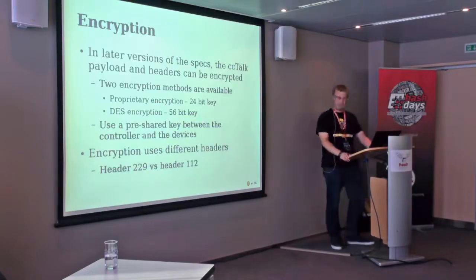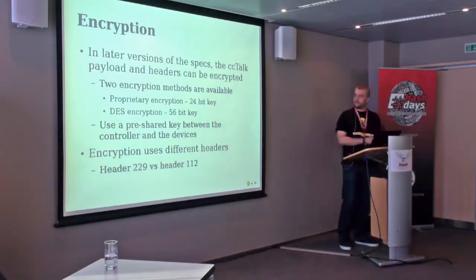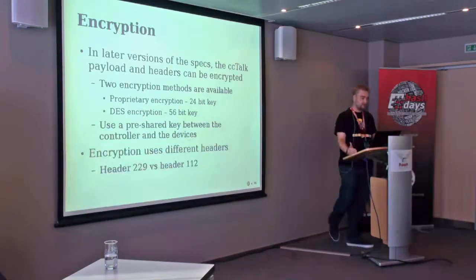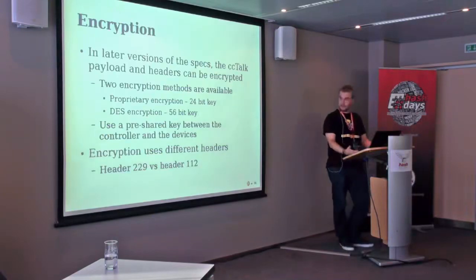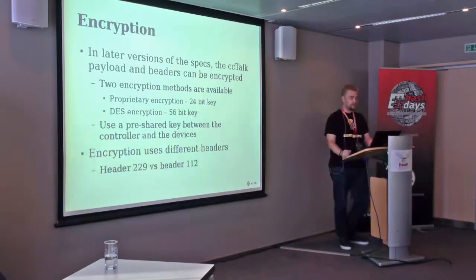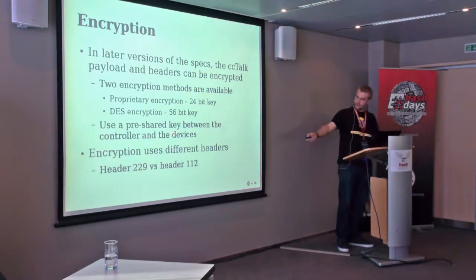All of these use a pre-shared key between the controller and the devices, and the encryption uses different headers. For example, we normally use the header 229 to request data from a coin acceptor, and the controller now must use header 112 to read encrypted events. That is encrypted with this key. The problem is that if you really want to know this value, you just have to send the header 229.